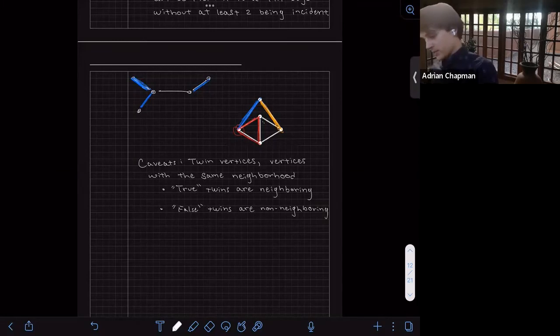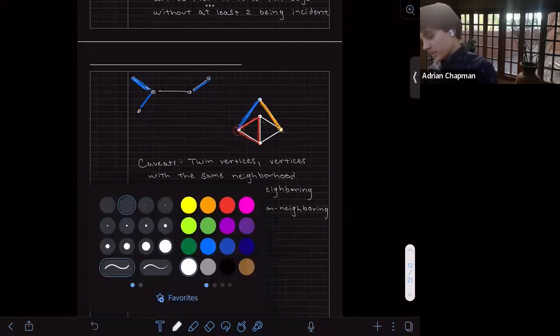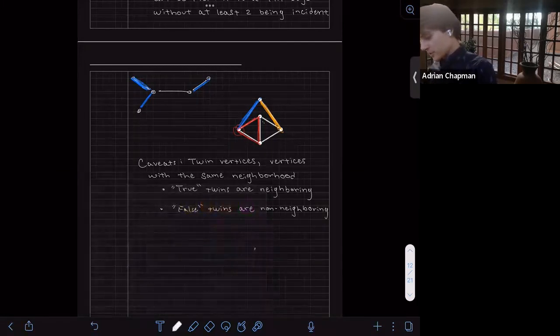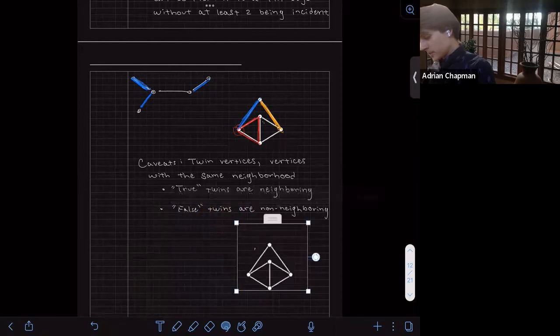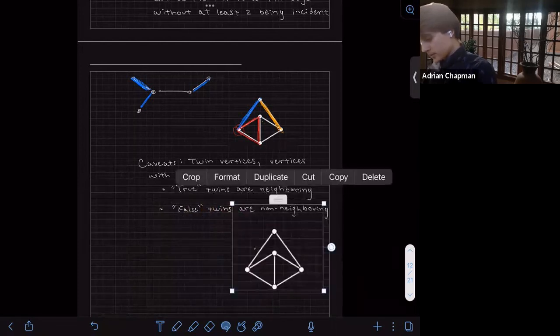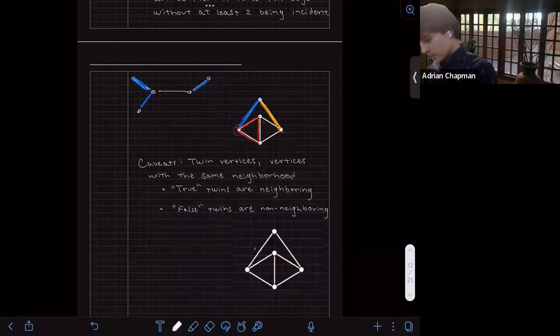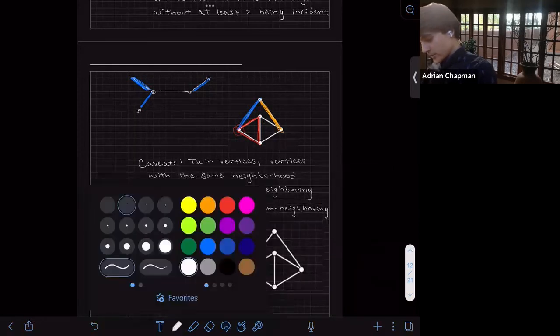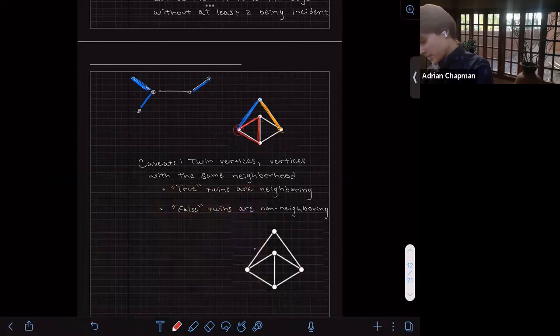This graph is a good example because, let me just paste in a fresh copy of it. It has both true and false twins. So even if I did mess up the names, it's okay because this graph contains both.